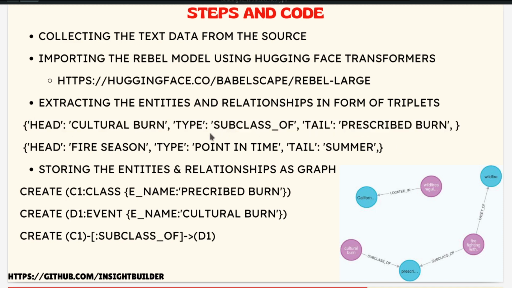So you see a head, you see a type, and you see a tail. Basically, head is kind of an event or a subject, type is kind of a relation, and tail is kind of an object or the thing or a class, or it could be something that is acted upon.